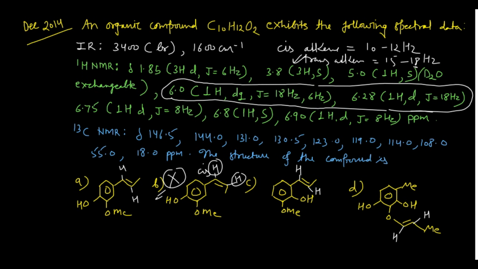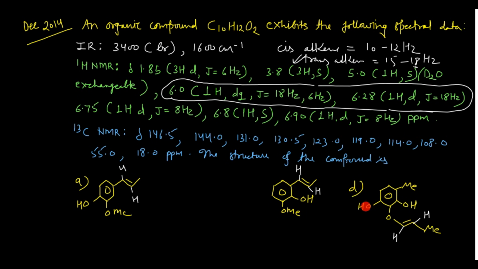Now we have to look at the other options, which one is correct and which one is not. Since option B is not the answer, I can remove it because I need some space here. Now I am looking at this 3400 broad peak; generally this is due to the OH. So OH is here, this OH is here also, and this OH is here.